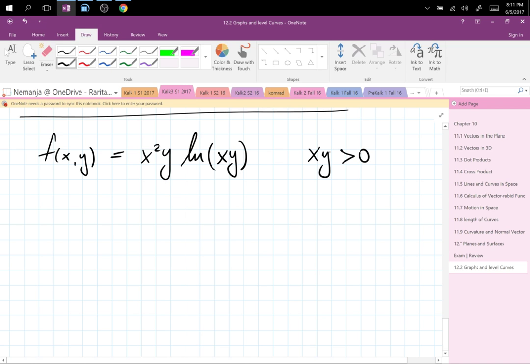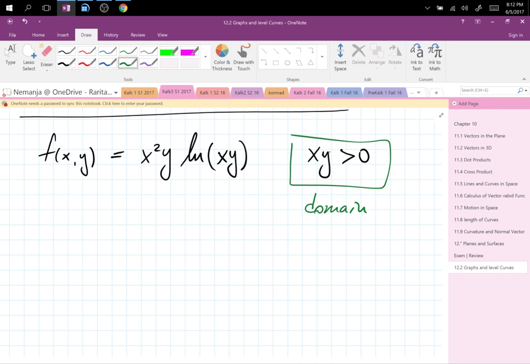So as long as you are picking values that will make your value in ln larger than 0, you're good. This is actually the domain. This is your answer. Because you are not going to have any problems with x squared y in front.